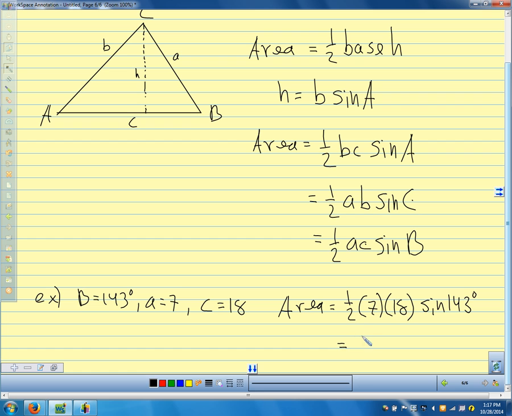Plug that in my calculator and calculate, and I get about 37.91 units squared. So you do say like 7 times 18 first, that. It doesn't really matter. Since we're multiplying them all, we can do it in any order.